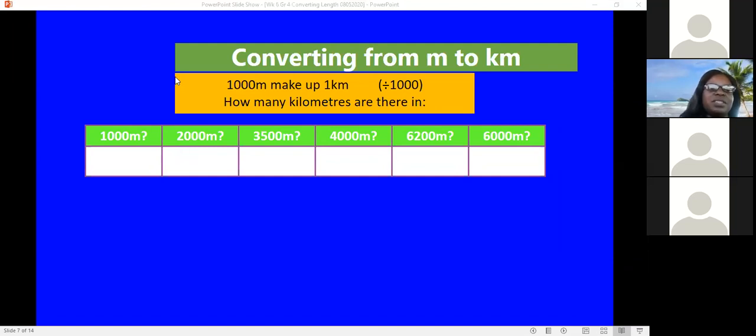So it's very important that we write the kilometers at the end. I see Simpiwe also got it right. If you say 6,200, you have to put kilometers. But if you say 6 kilometers, then you say 6 kilometers, 200 meters, right?